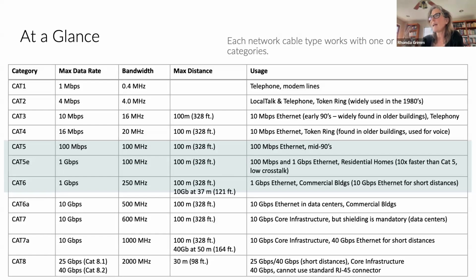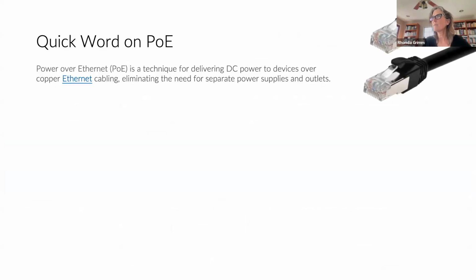Ethernet cabling on Cat 5, Cat 6 is 1 gig. You'll find that in commercial buildings as well. But you go all the way up to Cat 8, my Lord, 25 gigabits per second over short distances. The areas that you guys live in are really that Cat 5, Cat 5e, and Cat 6 cabling.